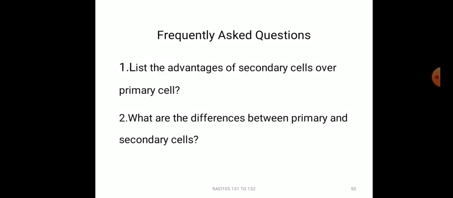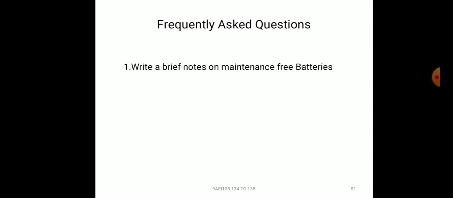List the advantages of secondary cells over primary cells. What are the differences between primary and secondary cells? These are important, frequently asked questions. The last question is write brief notes on maintenance free batteries. So you try to write the notes on maintenance free batteries.